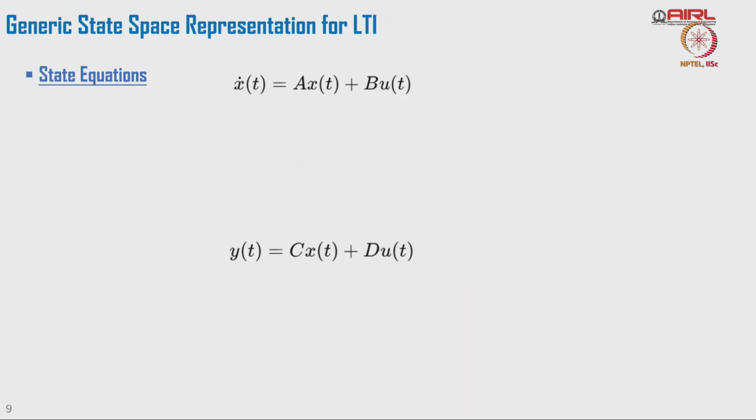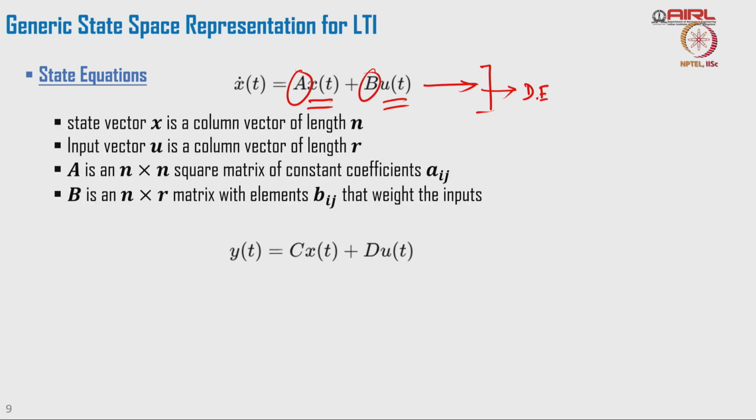Now, what happens in state space representation? For state space representation, we have state equations in this form. Here x is the state vector and u is the input vector. What we get here is a differential equation, but in terms of the system matrix and input matrix.